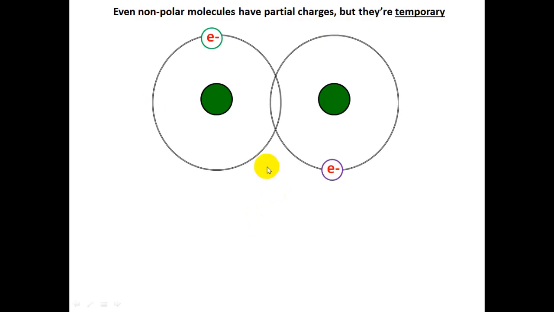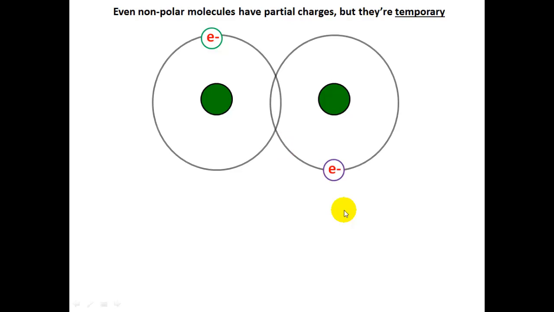So as a whole, this electron is spending as much of its time around this atom as it is around this atom. Same thing with this electron. So this is being shared equally between this hydrogen atom and this hydrogen atom. So you might see something like this if you could track what this electron is doing, spending as much time around the one atom as it is around the other atom.